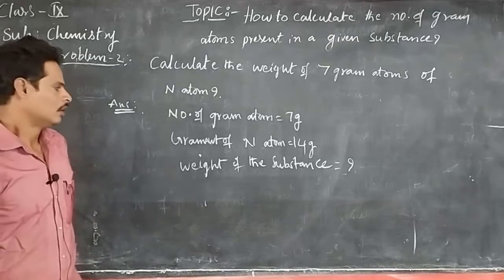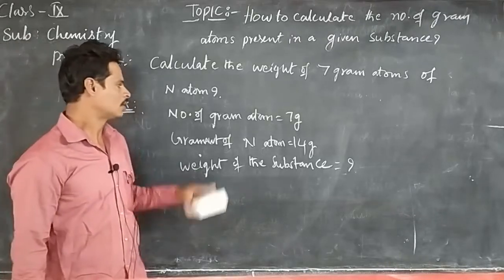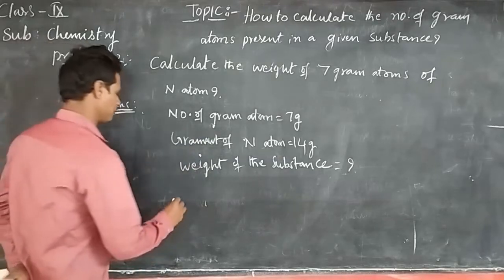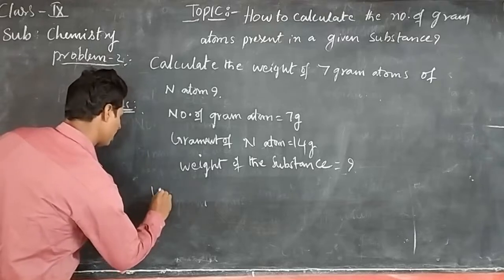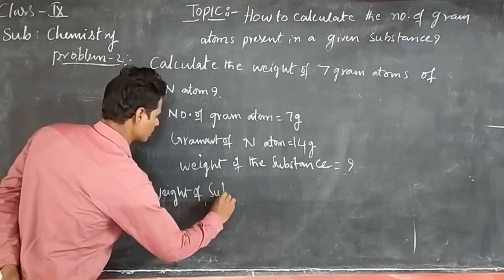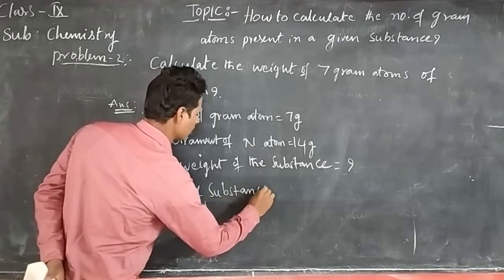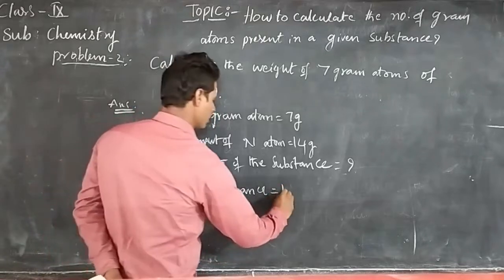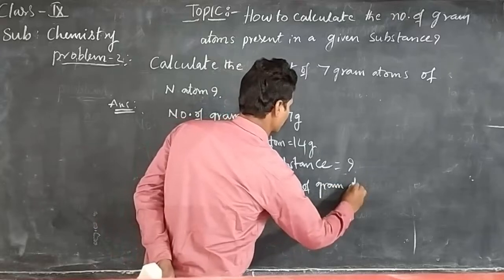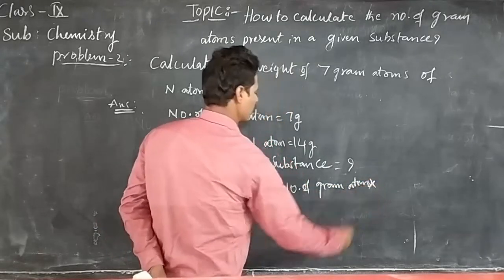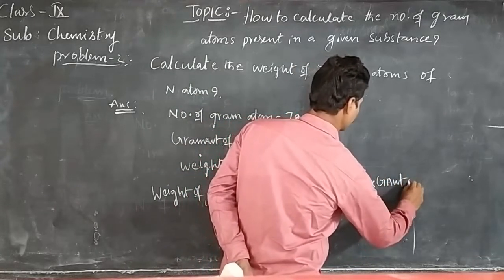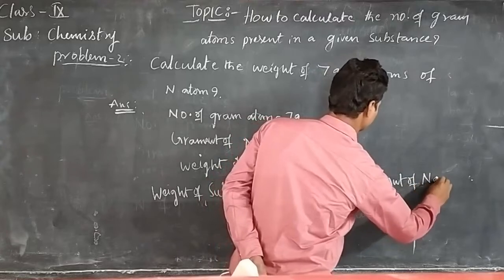Now we know the formula: weight of the substance equals number of gram atoms into gram atomic weight of nitrogen atom.